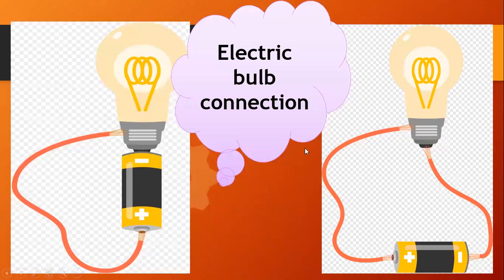Now let us proceed with two things. As you can see, there are two connections of the electric bulb. You can see that there is a direct contact of this electric bulb to the battery, right? And this positive sign is connected with the help of a wire. So as you can see, the whole connection is complete. And then as you see here, this is a bulb and this is a battery.